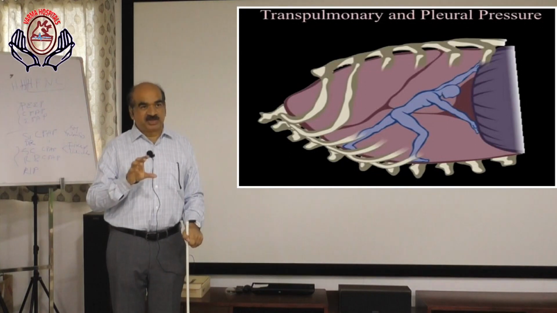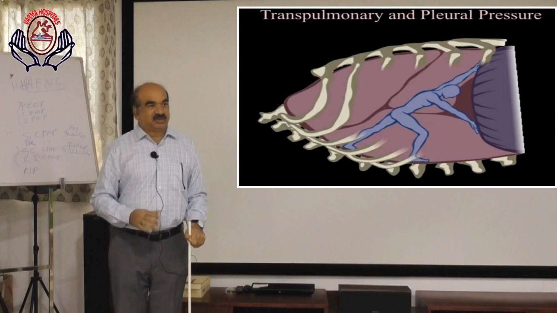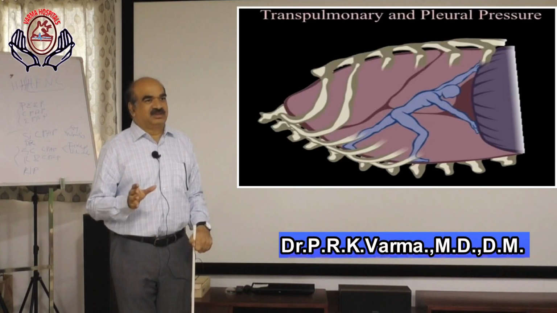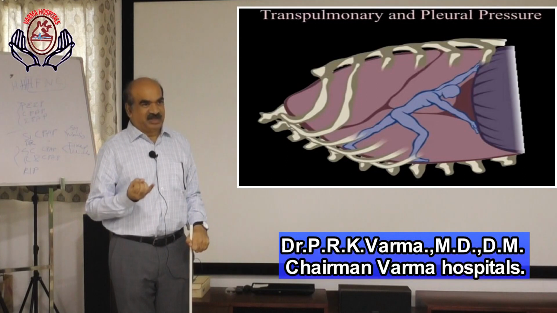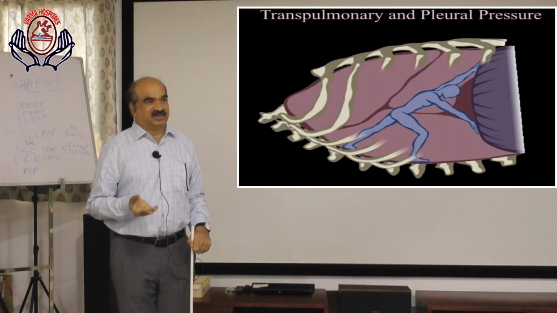When the patient is on a ventilator, we should know the mechanical power induced by the ventilator. So various factors are involved. We should know lung compliance, resistance, elastance, conductance, capacitance, inertance, impedance and reactance.